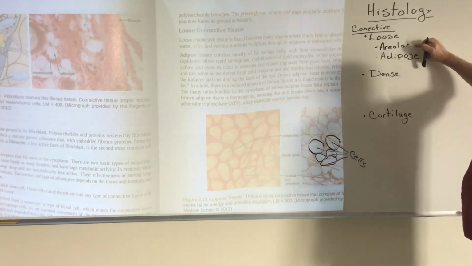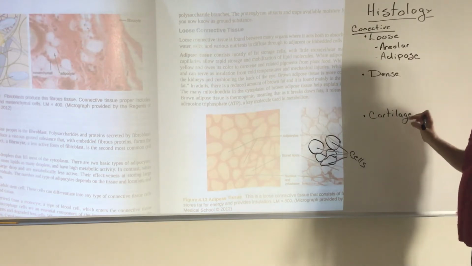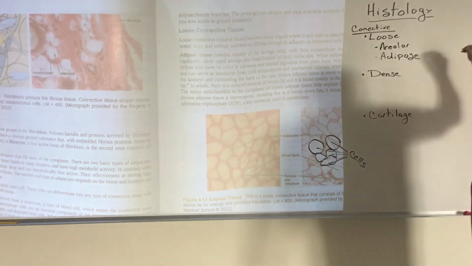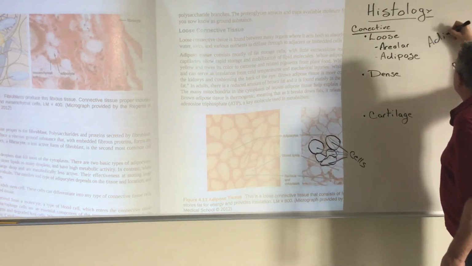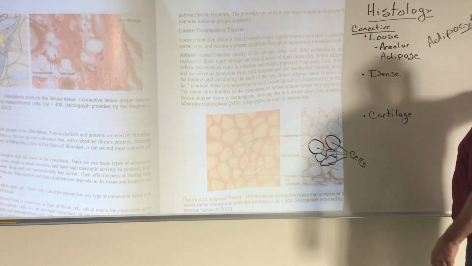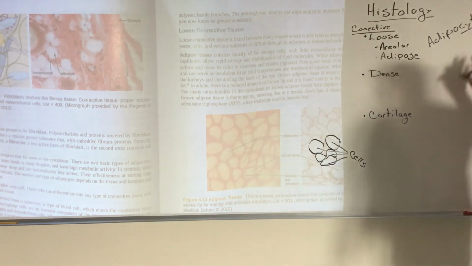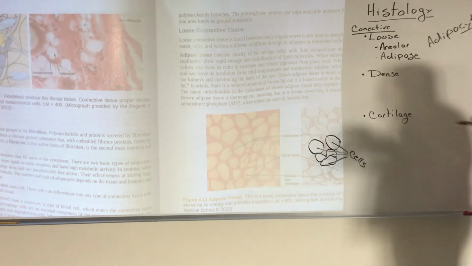So think about that with areolar. What we're doing is we're getting rid of most of the extracellular matrix. We've got these adipocytes, cytes being the cells, so these are the fat cells. So we shift and we go much more cellular.